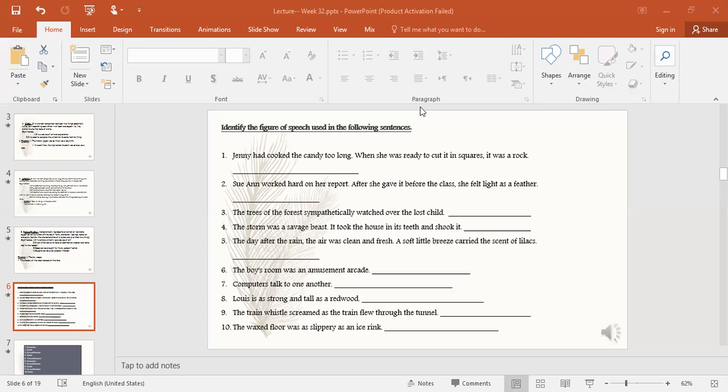People. Who usually watches? People, also the human being. So what's this? Do the trees watch? No. Who watches? People. So this is what, Talin?